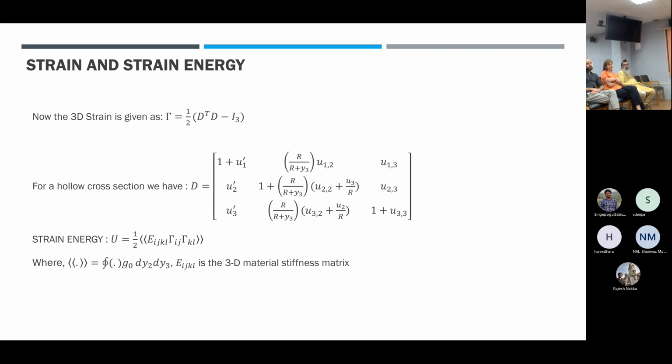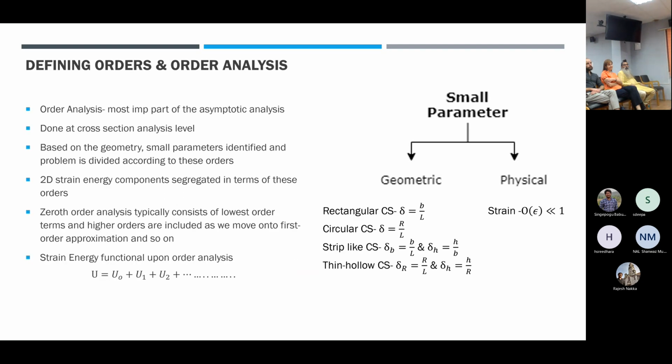Now we have to define what is the order in our problem. Basically, we have to identify the small parameter. A small parameter can be either geometric or physical. Depending on the different cross sections, for rectangular cross sections, the small parameter is basically the width over the length.